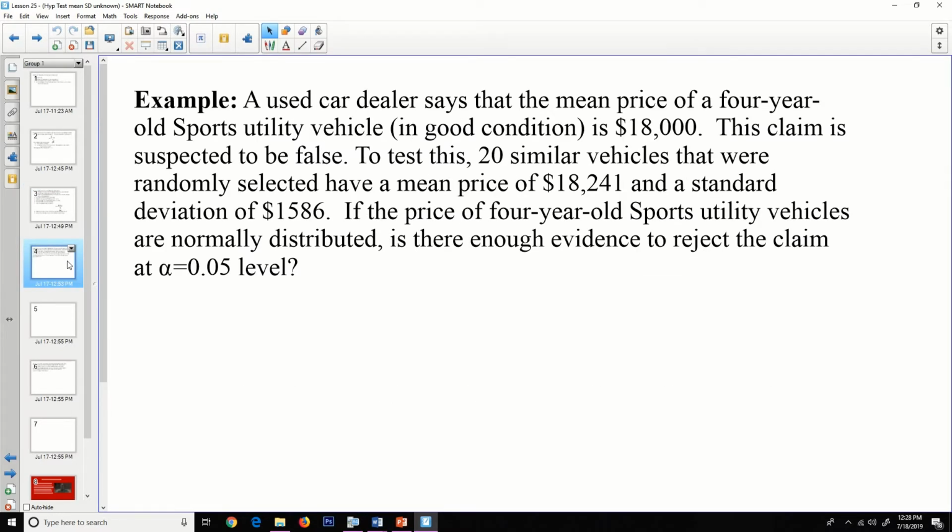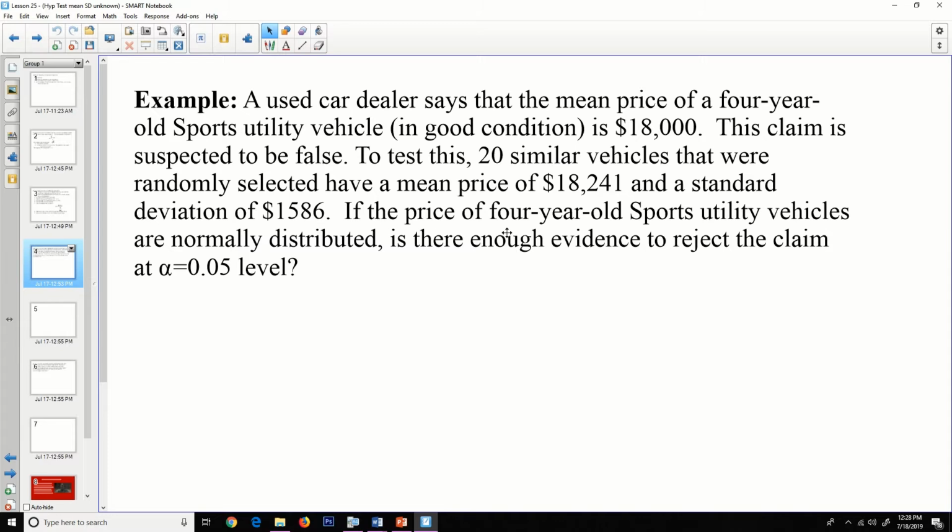A car dealer says that the mean price of a 4-year-old sports utility vehicle in good condition is $18,000. This claim is suspected to be false. And so to test this claim, 20 similar vehicles were randomly selected, and in that selection of 20, we have a mean price of $18,241 with a standard deviation, and this is the sample standard deviation, of $1,586.